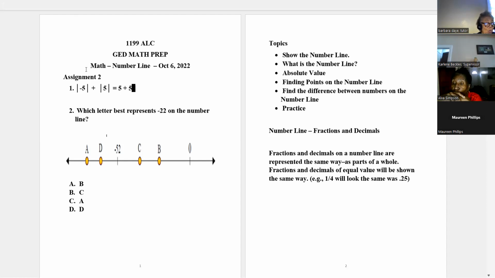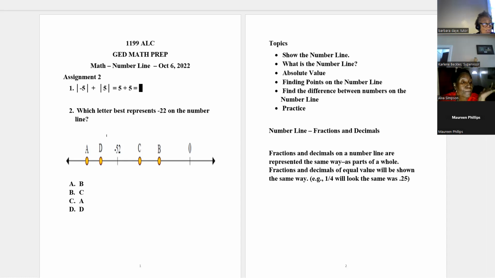So the absolute value of a negative 5 is just 5. The absolute value of a plus 5 is just 5. Absolute value doesn't have any negative, it's just a number.